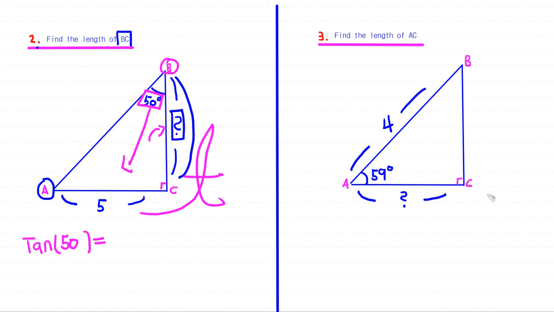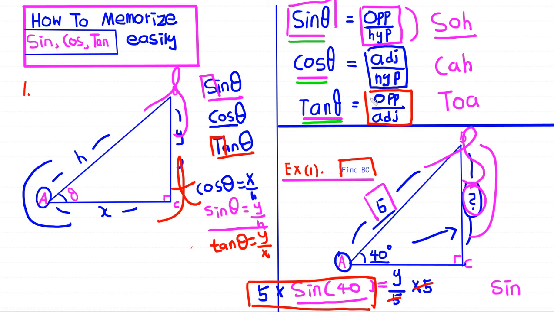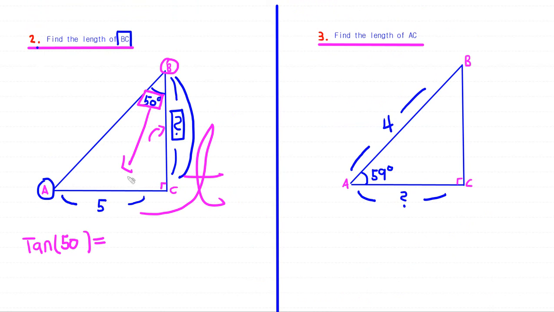If we go back to the page, tangent of theta is equal to opposite over adjacent. So the opposite side, which is 5, over the adjacent side, which is the missing value. So I'll just call it x.